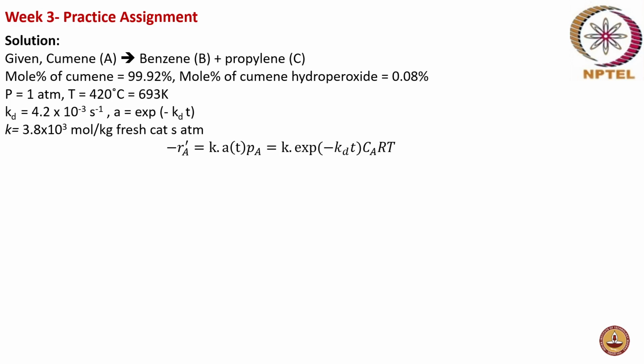I could have directly expressed it as K into activity of t into Ca, correct? Why did I use partial pressure? What term in the question gives a hint that partial pressure should be used instead of concentration directly?